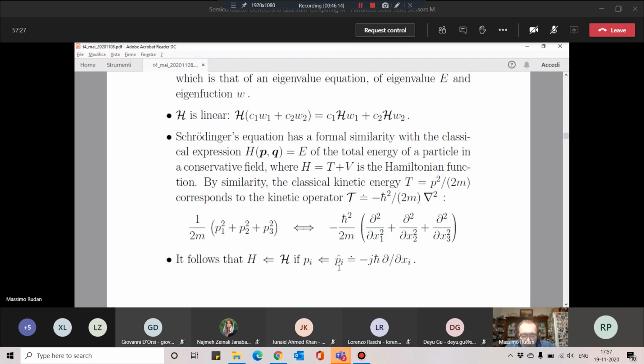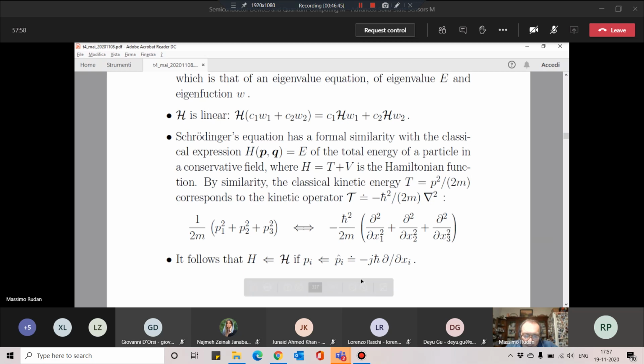We call this the momentum operator associated to the ith component of the classical momentum. And this momentum operator is defined as minus j h bar times the derivative with respect to the position component of the same index i.